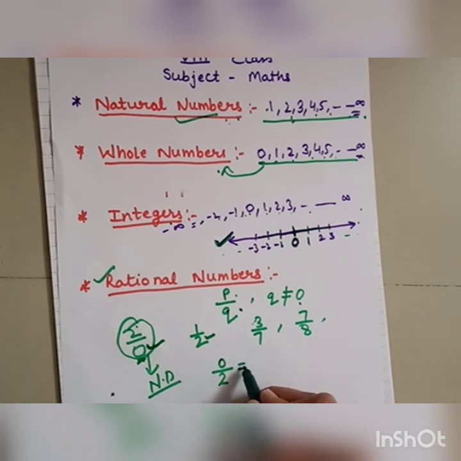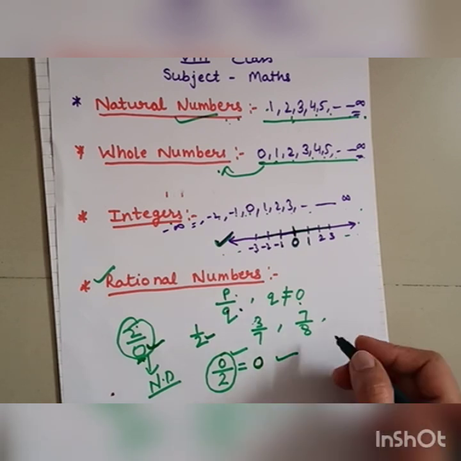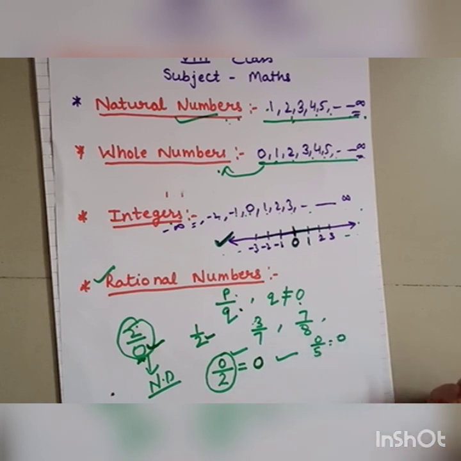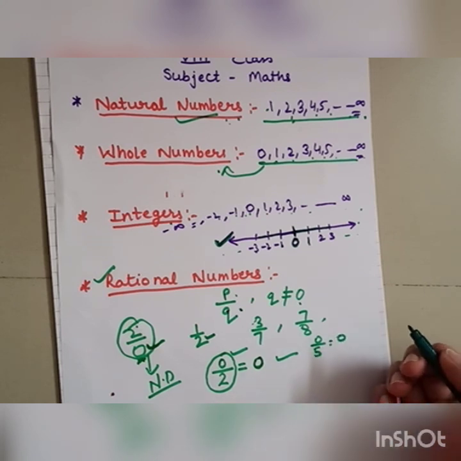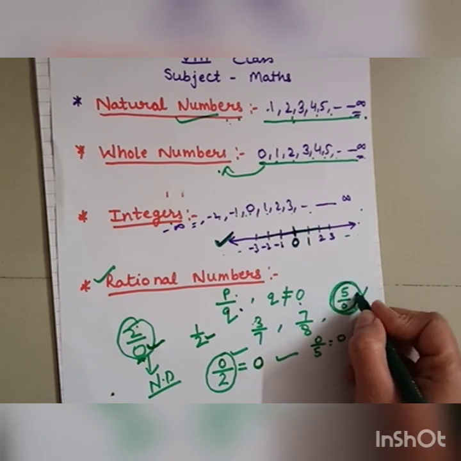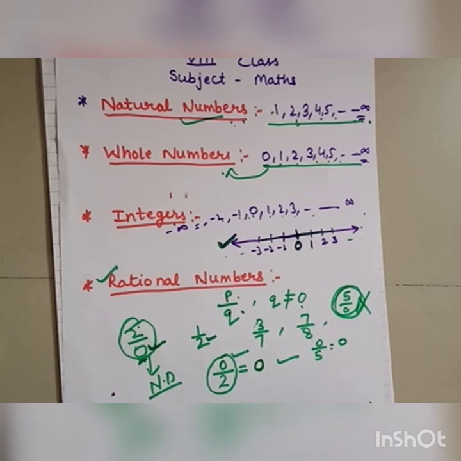So this complete value is equal to 0, and 0 is a rational number. In some questions, if you see 0 by 5, then the value is 0. If there is 5 by 0, this value is not defined. This is the definition of rational numbers.